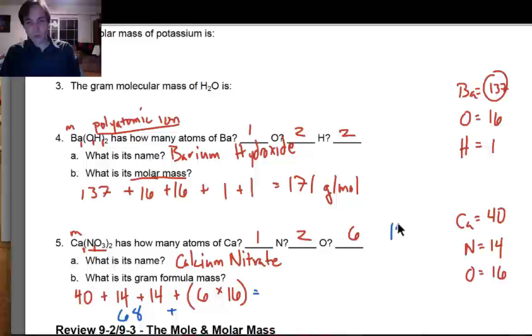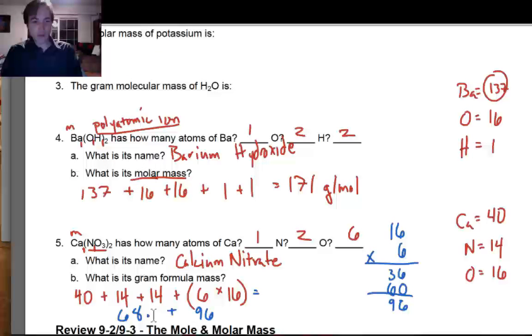So I'm just going to do a little multiplication over here. So 16 times 6. 6 times 6 gives me 36. Okay, do my little 0. 1 times 6 gives me 6. So that's 36 plus 60, which gives me 96, right? So 6 times 16 is 96. 68 plus 96, I add those two together. That's going to give me 164.